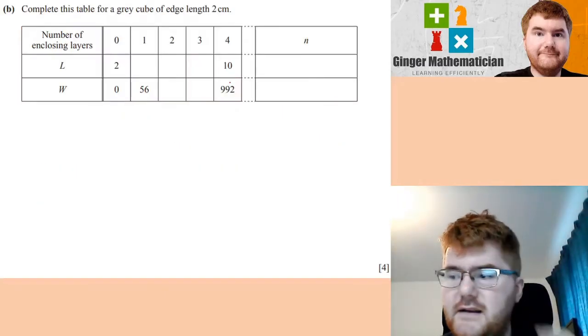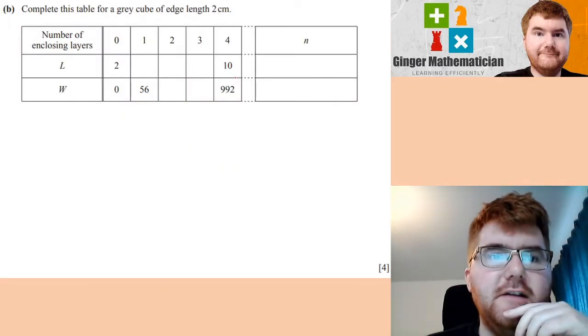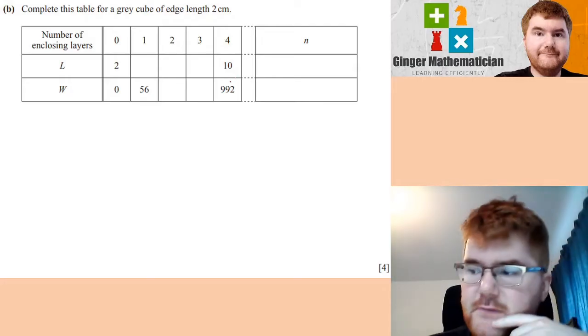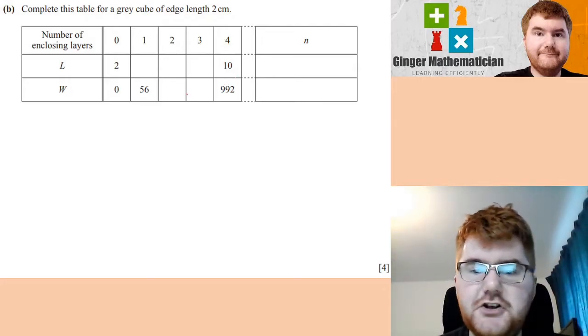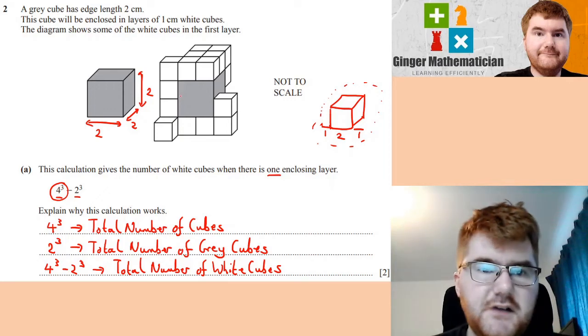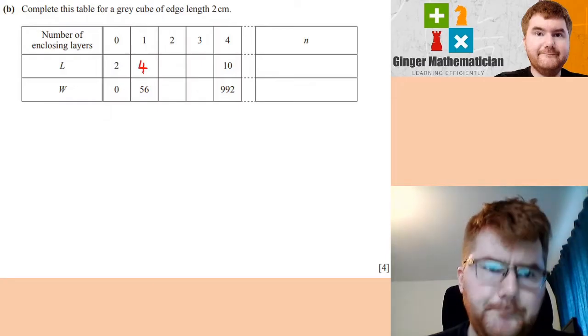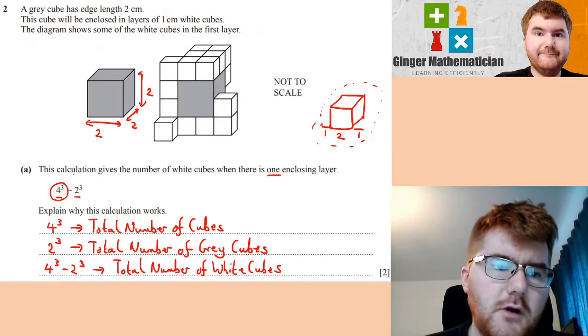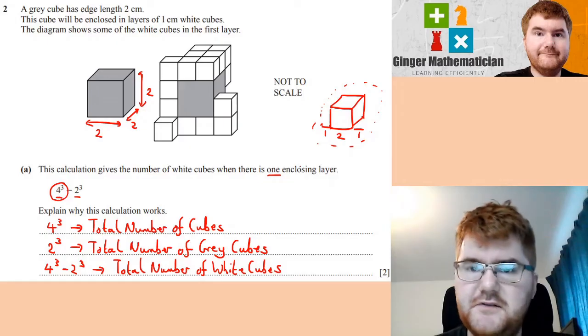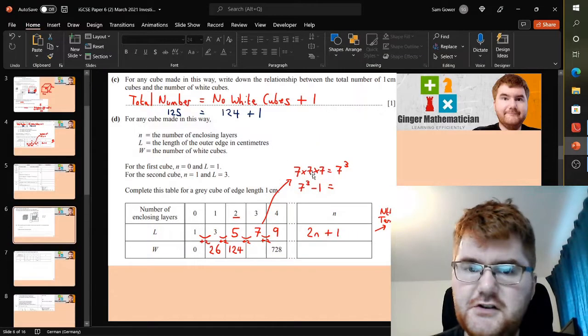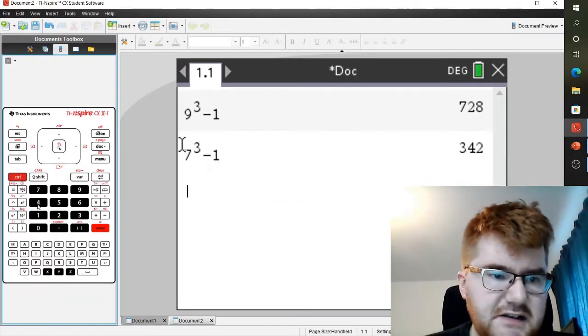And by knowing this, we need to then move on and actually fill in our next table. So again, some of the information we already know. So we already know about the second layer. So this is going to be equal to 4. And in fact, if you work out 4 cubed minus 2 cubed, this was the formula given before. So let's just do this just so you can see this at home, what's going on.